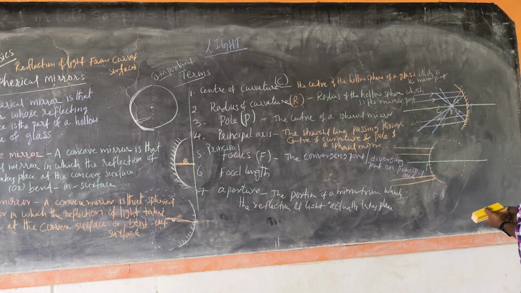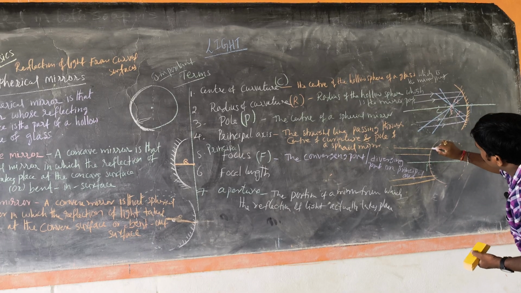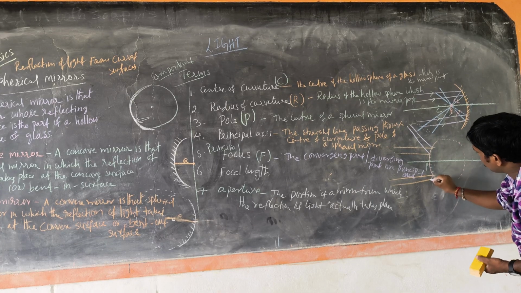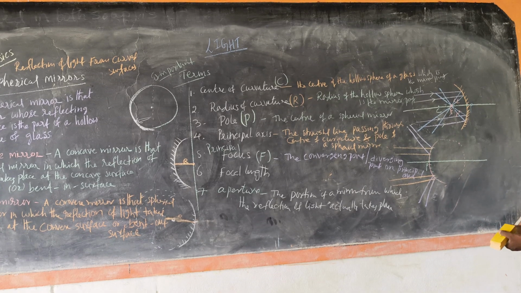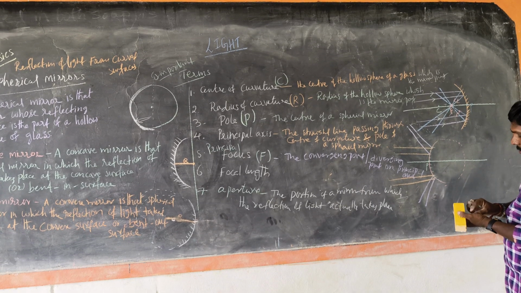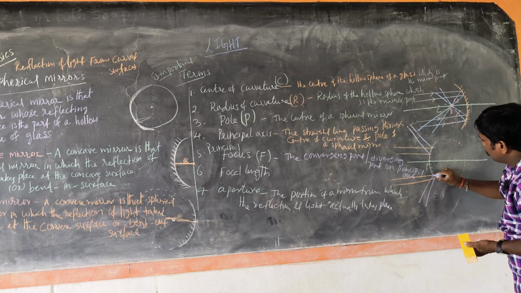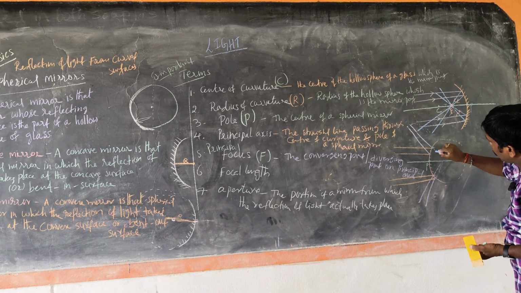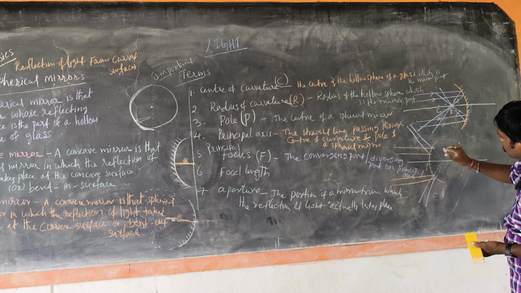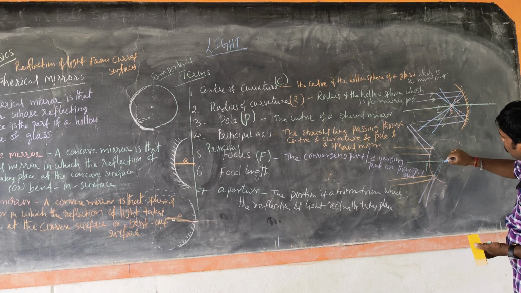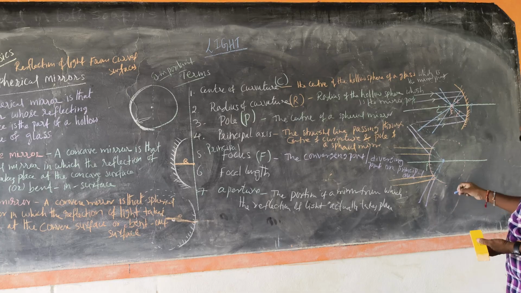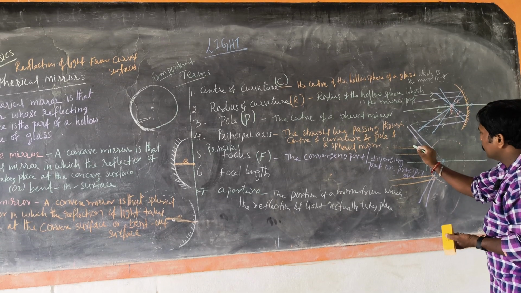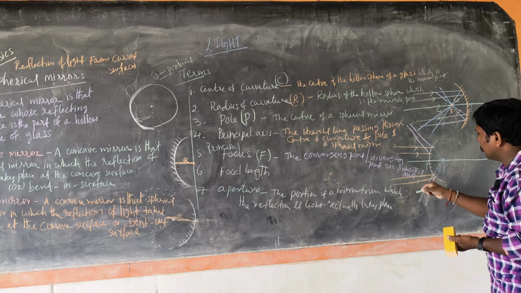After reflection, they are reflected like this, because a convex mirror is a diverging mirror.